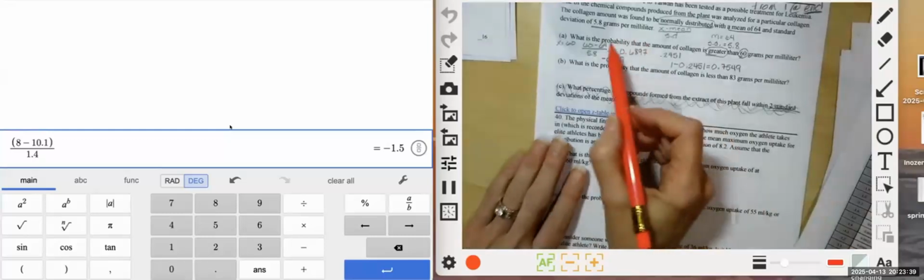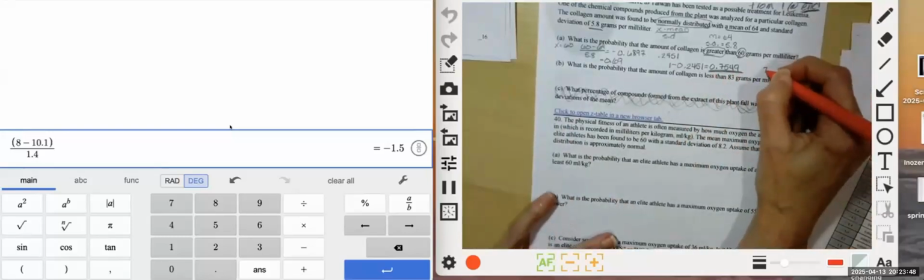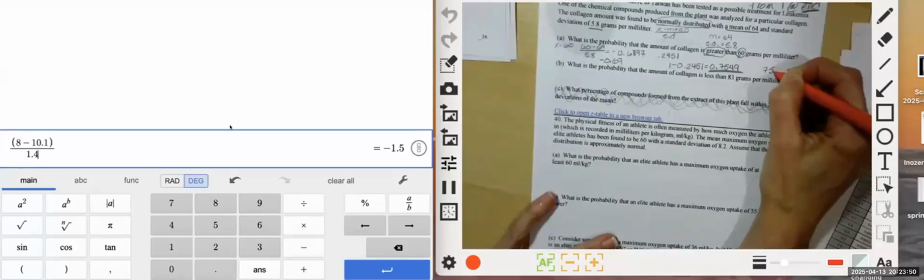Okay, when it asks for the probability, just leave it as a decimal. You could do 75.49%, but I would just leave it as a decimal.